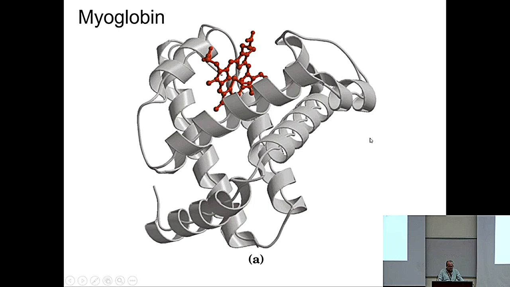But I want you to appreciate that, for example, here you have one stretch of alpha helix, another stretch of alpha helix, another segment of alpha helix. All of these are alpha helices. There are actually 8 of them that are interrupted at some point.